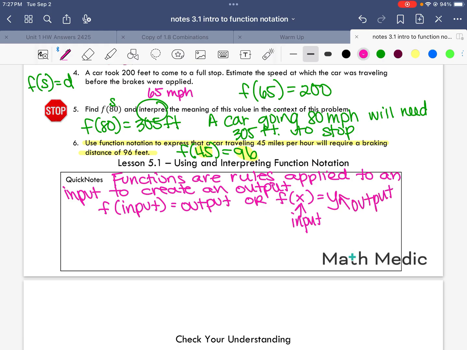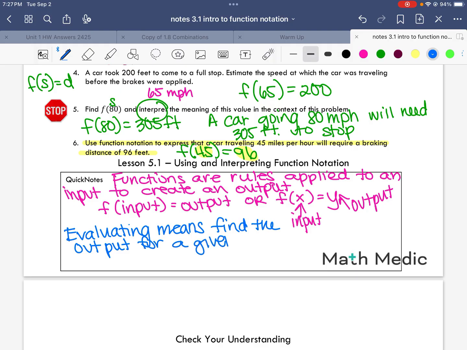A couple other things, and you guys can pause this, of course, if you need to slow down and capture some of this. When we ask you to evaluate a function, evaluating means find the output for a given input.